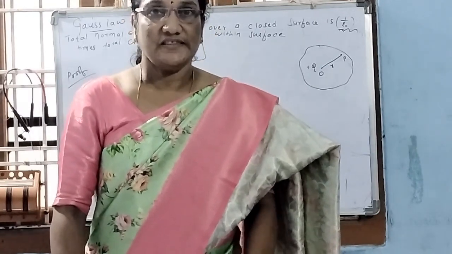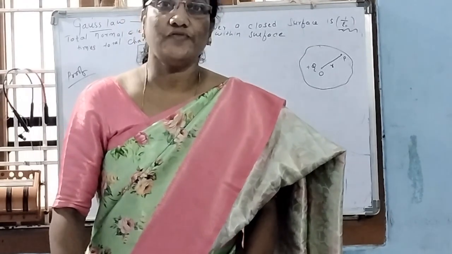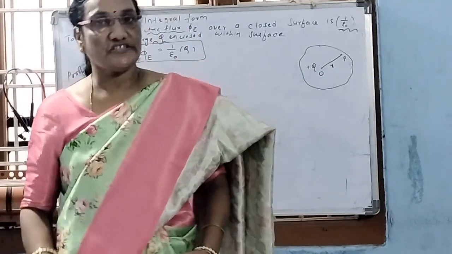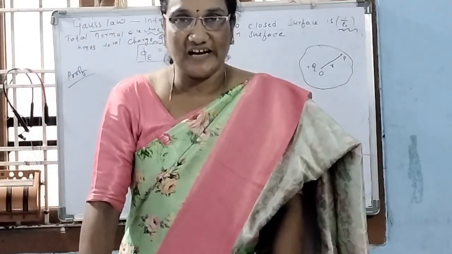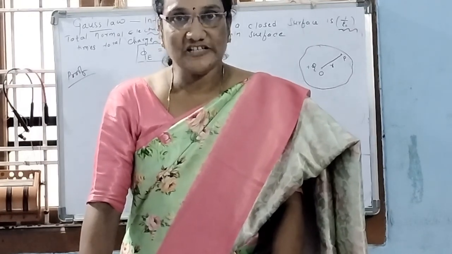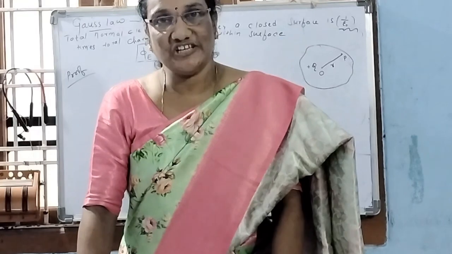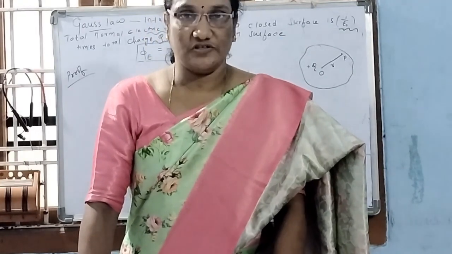We placed this closed surface in an electric field. In my last video, we discussed that for positive charges, electric lines of force will be outwards. For negative charges, electric lines of force will be inwards.